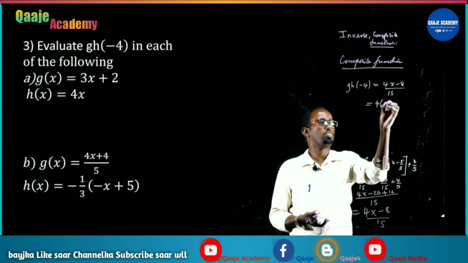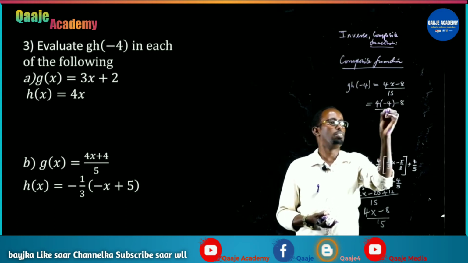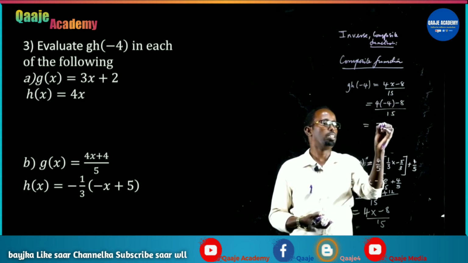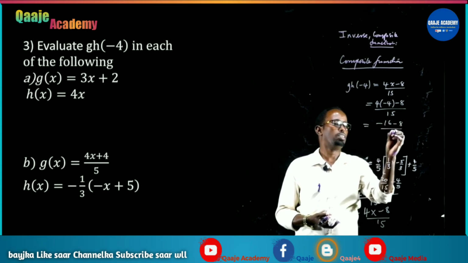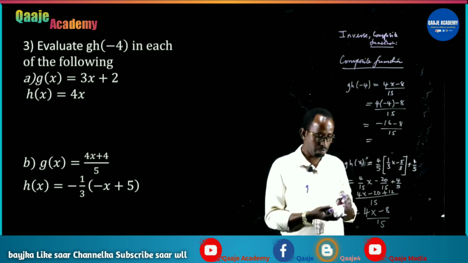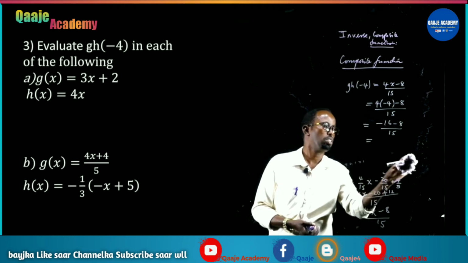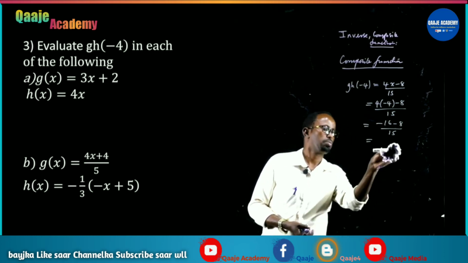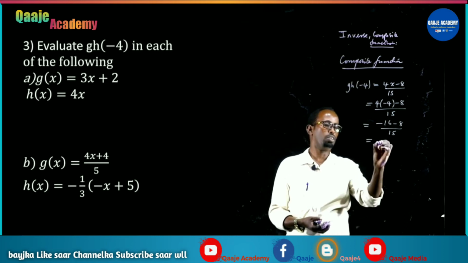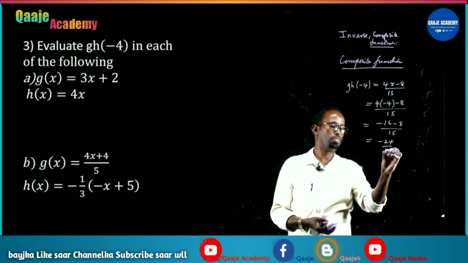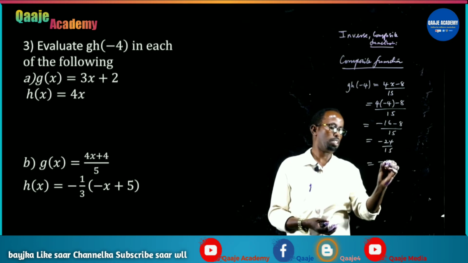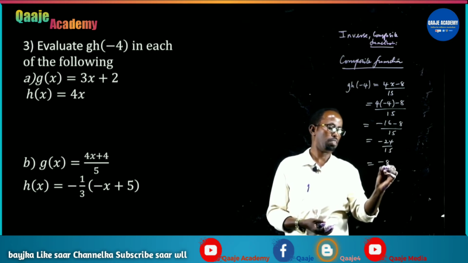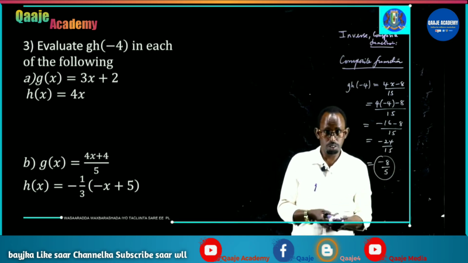So 4 times minus 4 minus 8, divided by 15. Minus 16 minus 8 divided by 15. You get minus 24. Minus 24 divided by 15. By 3 you get minus 8, and by 3 you get positive 5. Positive 5.